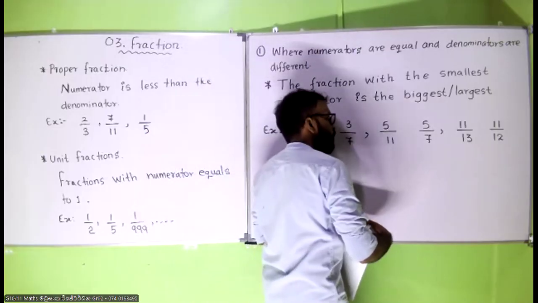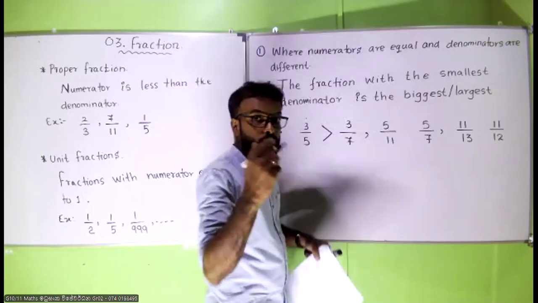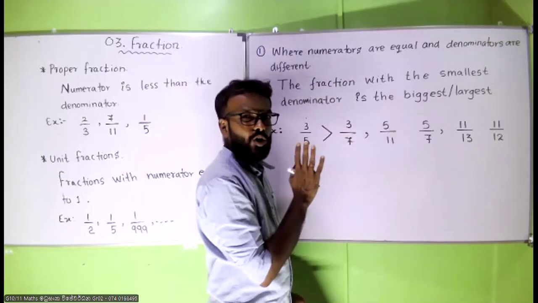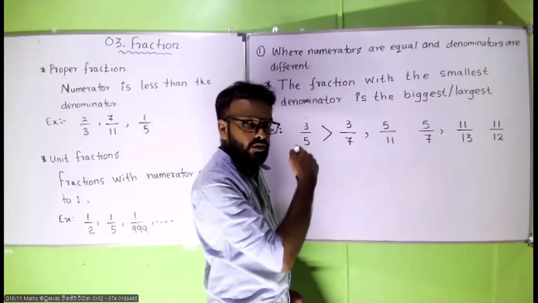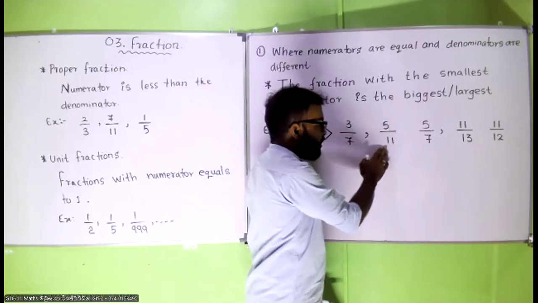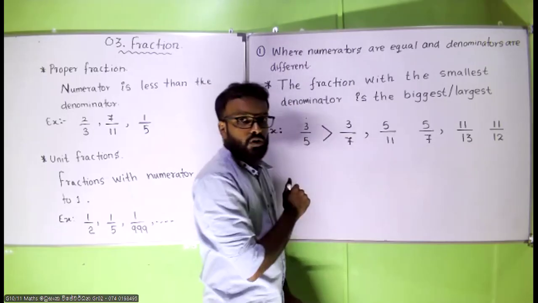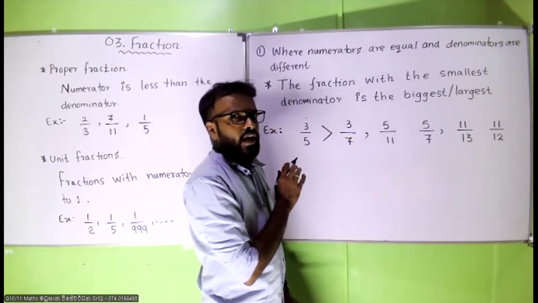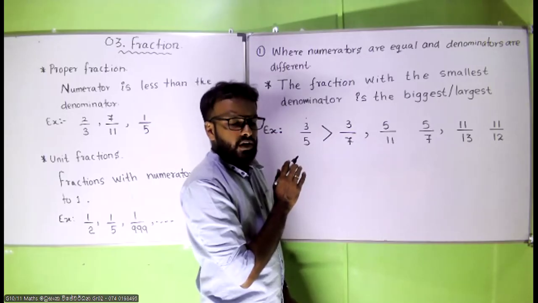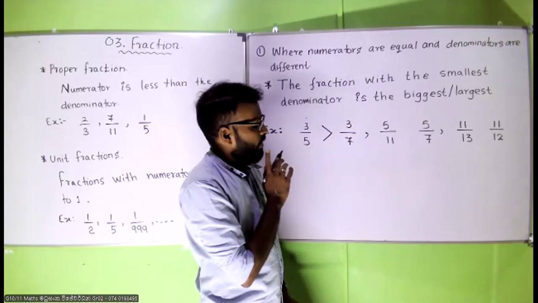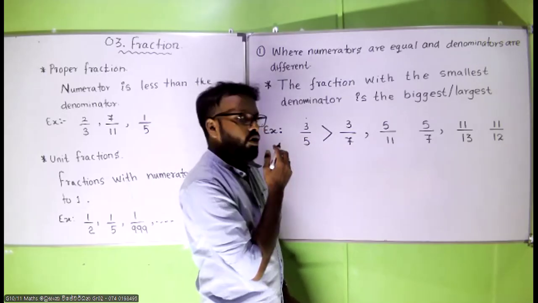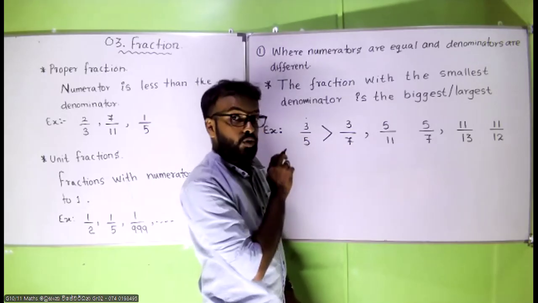So first of all, I am considering my numerator. Here 5 and 5 are equal, so I don't need to care about that numerator. Forget it. In the denominator, you have 11 and 7. I need to think which one is the smallest denominator, 11 or 7? 7 is the smallest denominator.